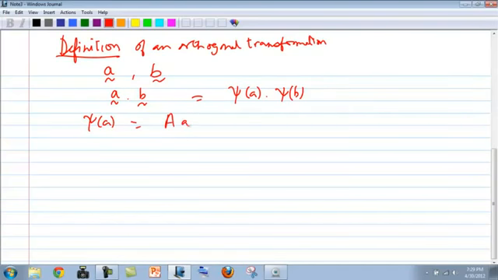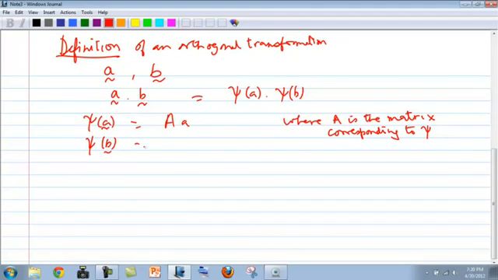This is A times A, where the big A is the matrix corresponding to the transformation psi. And psi of B is A times B. Okay, so let's capture this. So we want to show that A dot B is the same as psi of A dot product with psi of B. So how is that going to work out?